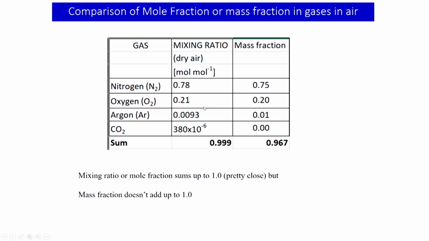Here the sum of the mole fractions is 0.999, which is pretty close to 1, but here you have 0.967. If you calculate mass fraction, you don't get very close to 1. So, mixing ratio or mole fraction sums up pretty close to 1, which is correct, but mass fraction does not add up.